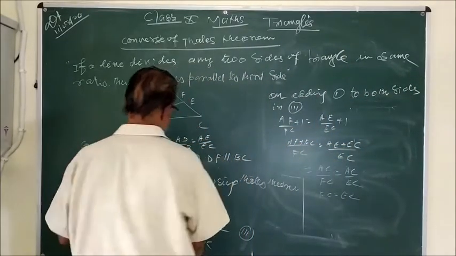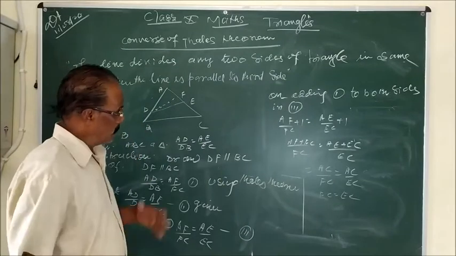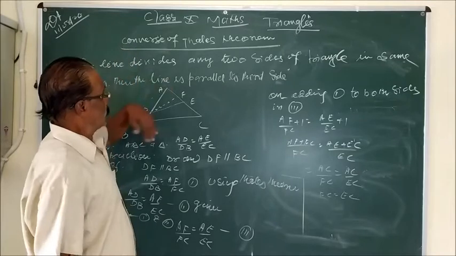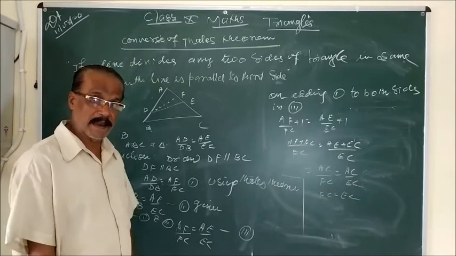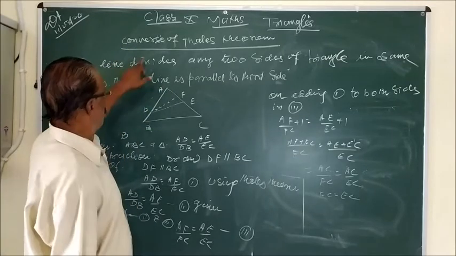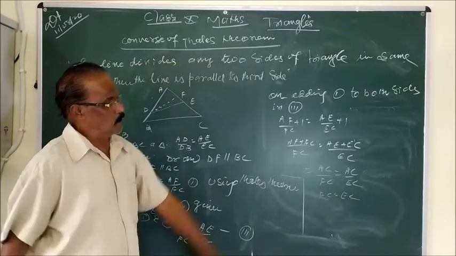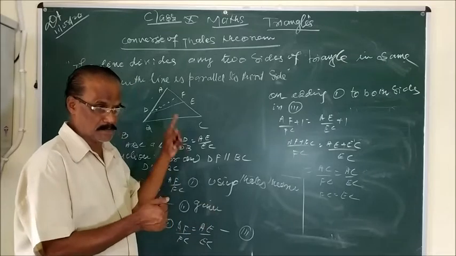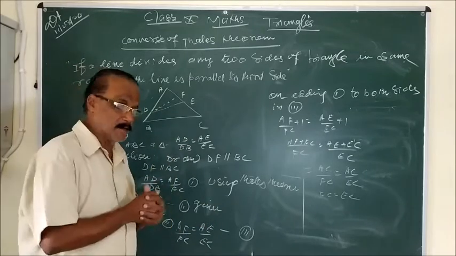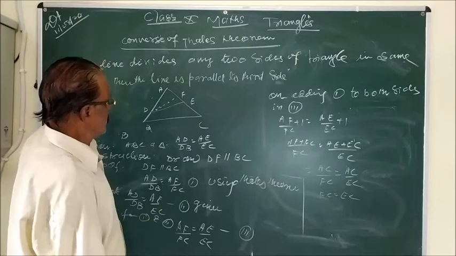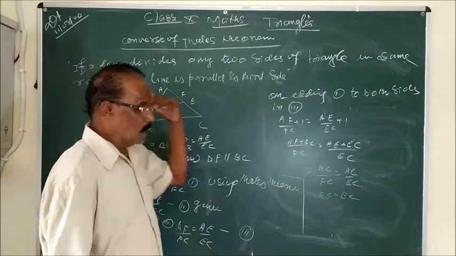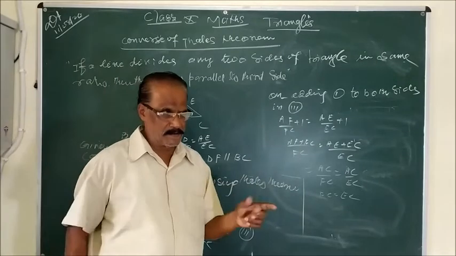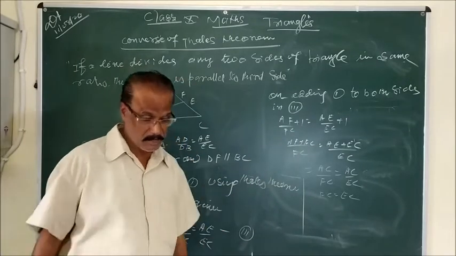Now you see, what is Thales theorem? I have just explained it, and you reverse the statement. What will be the converse? If a line divides any two sides of a triangle, you can compare Thales theorem and its converse. In Thales theorem, the line is parallel to one side, then it divides the other two sides in the same ratio.